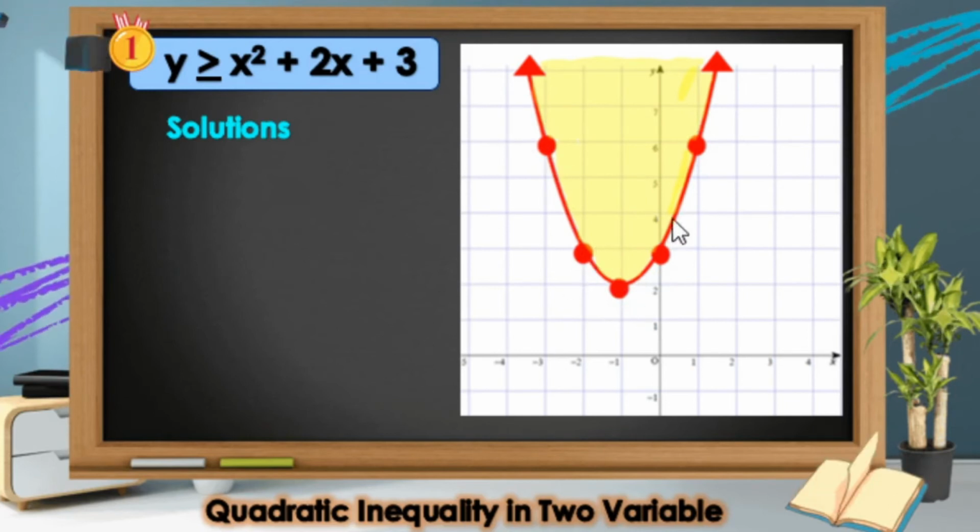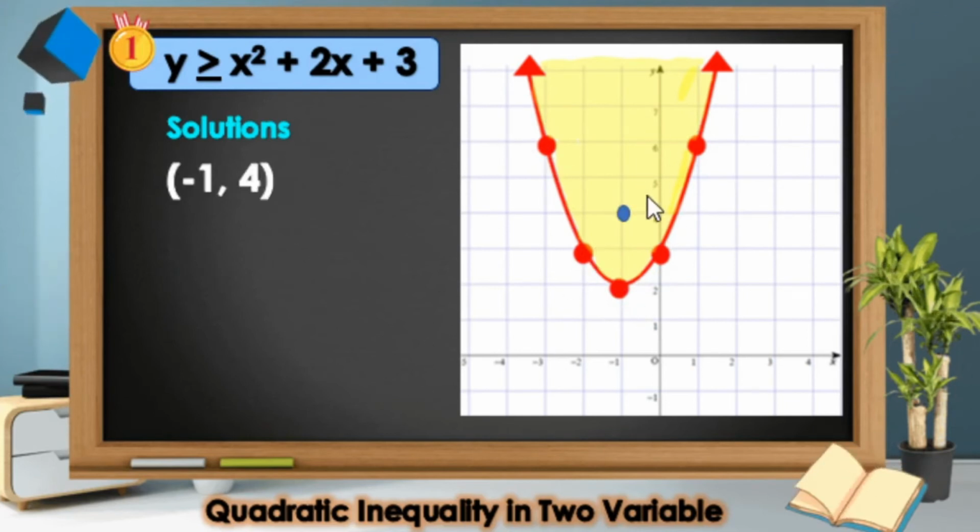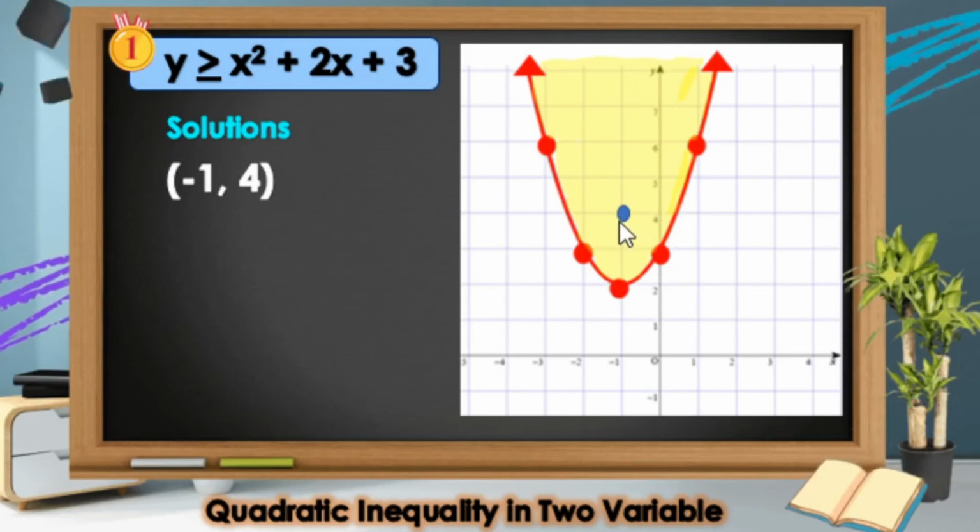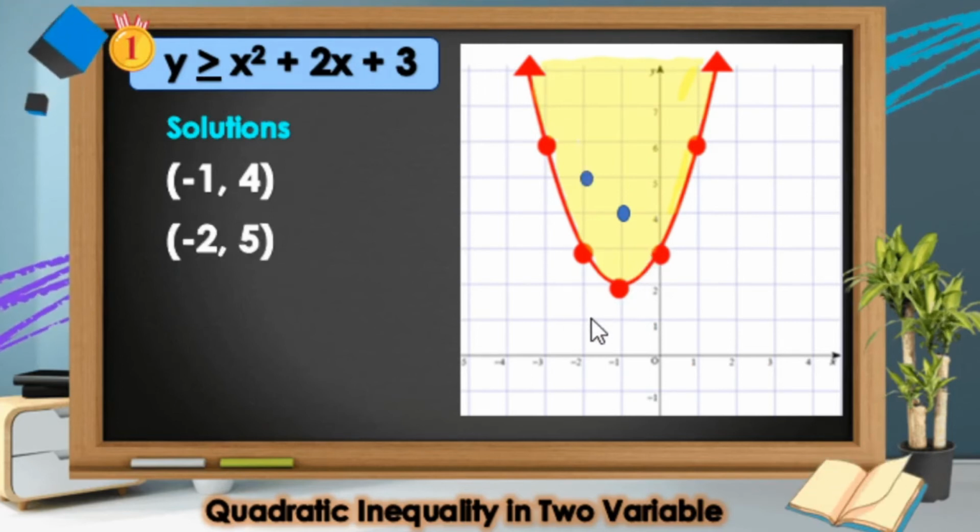So, for example, we have negative 1 and 4. Etong point na to, si (-1, 4), when we substitute negative 1 and 4 sa ating given quadratic inequality in two variables, magsasatisfy. So, ibig sabihin solution yon. And then, let's have negative 2 and 5. Pag sinubstitute natin si (-2, 5), since nandito siya sa shaded region natin, magsasatisfy din dito sa ating given quadratic inequality.